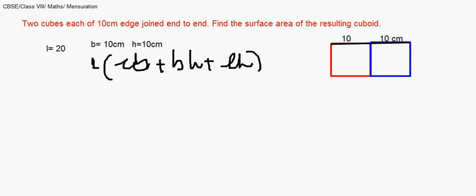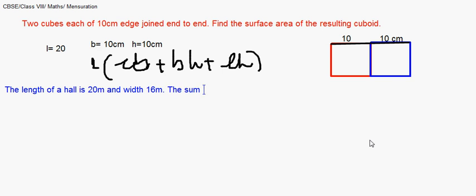I now write another one. Okay, it says the length of a hall is 20 meters and width 16 meters.